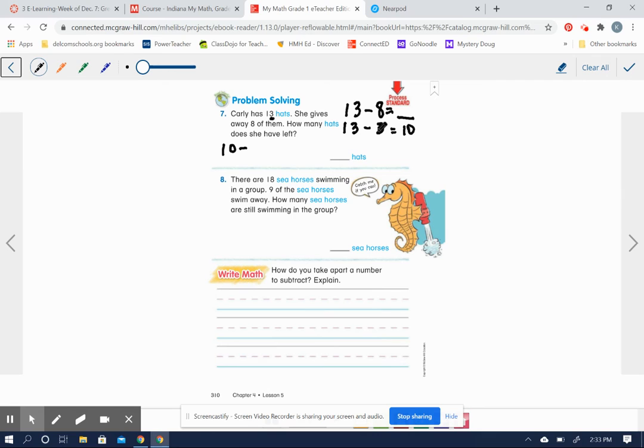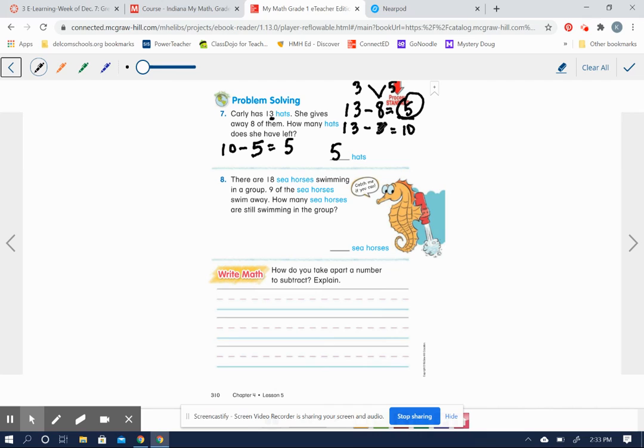If we have already subtracted 3, 8, let's put it up here because I don't have room to put underneath. 8 minus 3 equals, what would the other number be over here? 3 plus what equals 8? 5. Good. So 10 minus 5 equals 5. So 13 minus 8 equals 5. 5 hats.